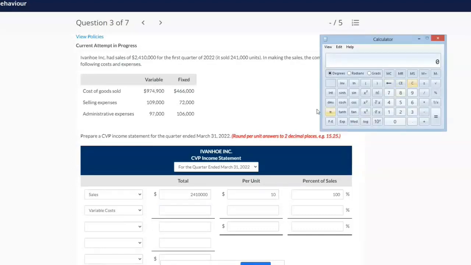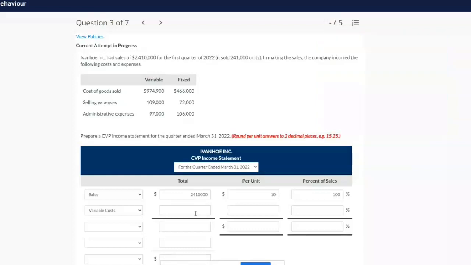We'll take 974,900, which is the variable portion of the cost of goods sold, plus 109,000 plus 97,000. It should be 1,180,900.